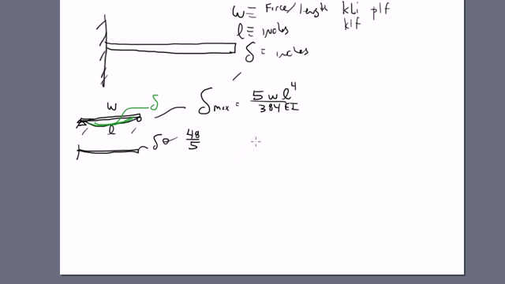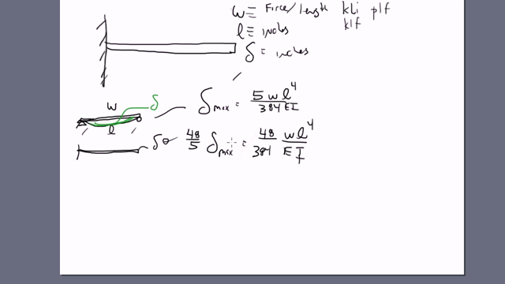Don't know why, we'll look at it later. And so the deflection max here is going to be equal to 48 times WL to the fourth power over 384 EI.